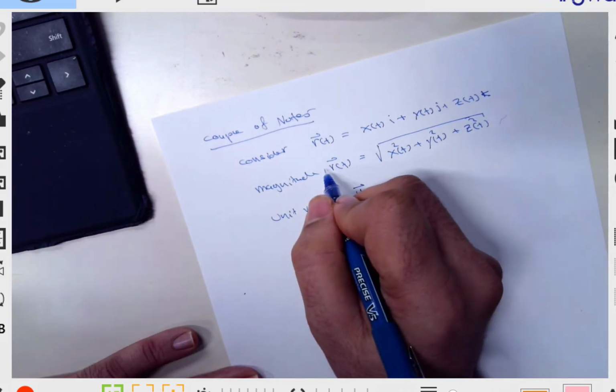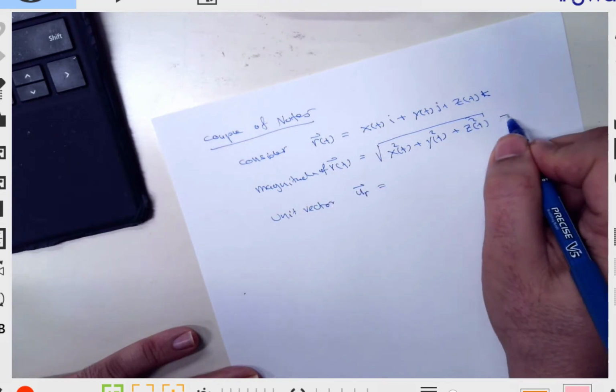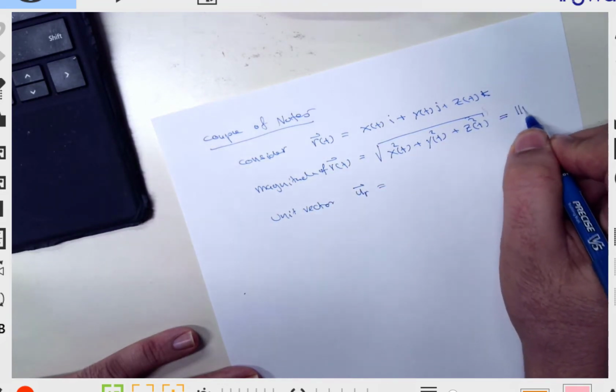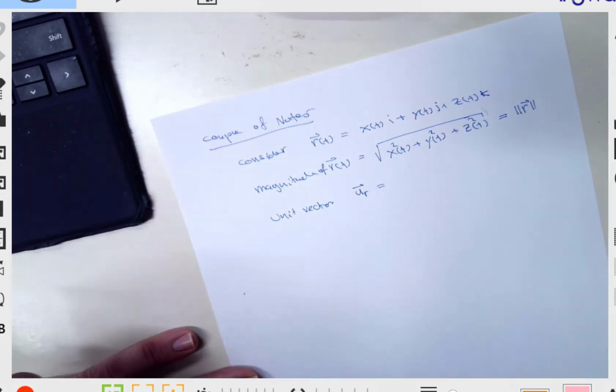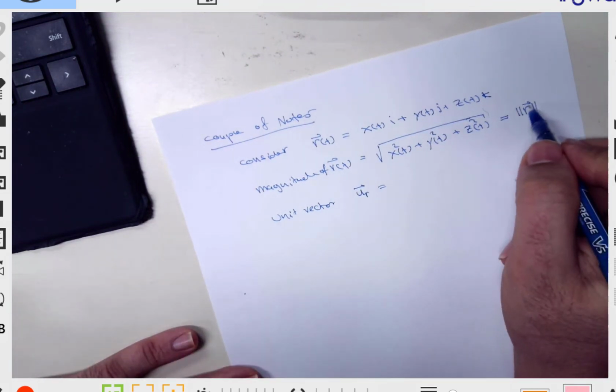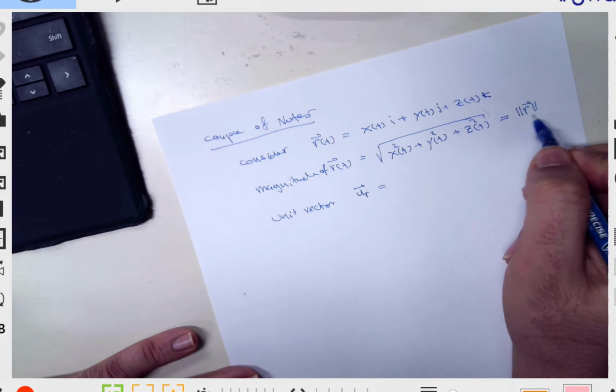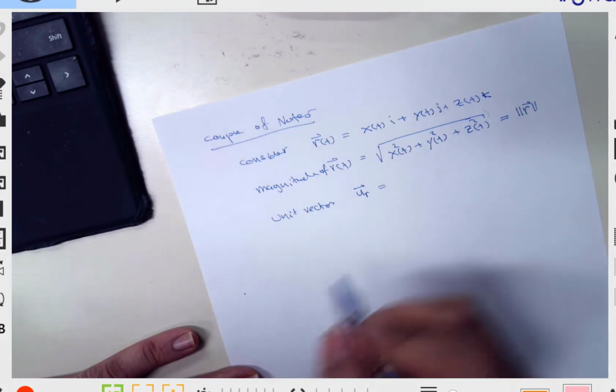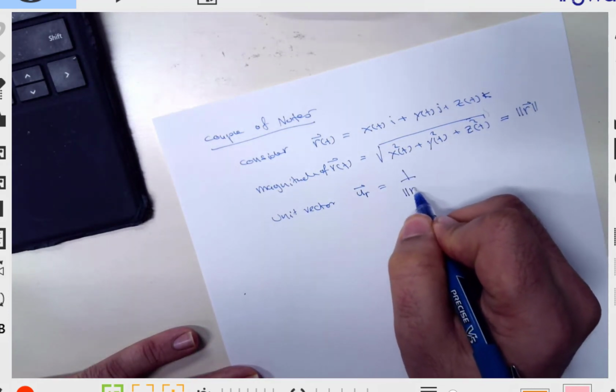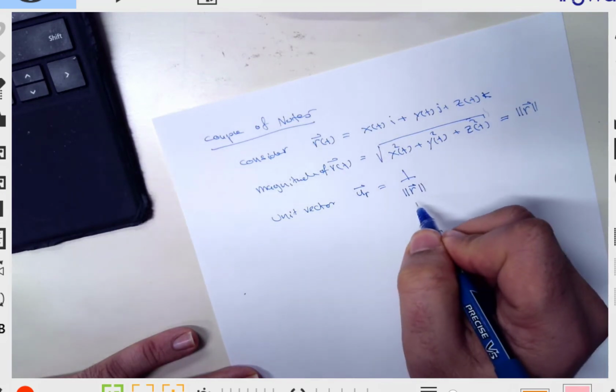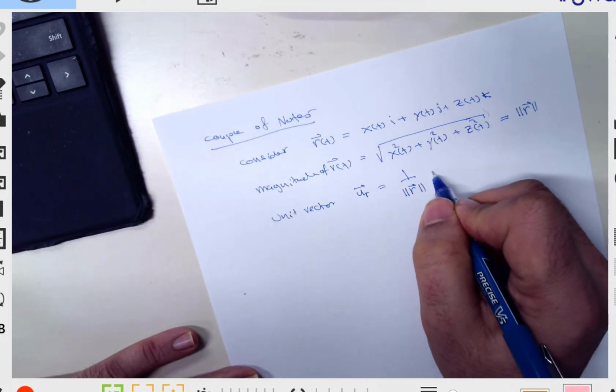Now the magnitude is sometimes written in that form, sometimes without this, so I'm always going to write it as a norm. This is called the norm.